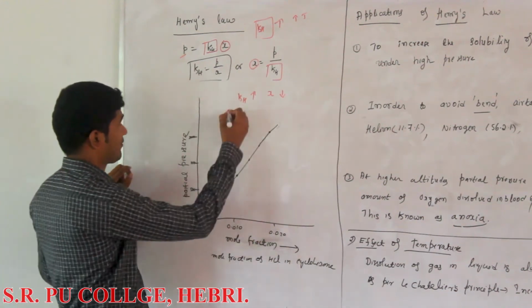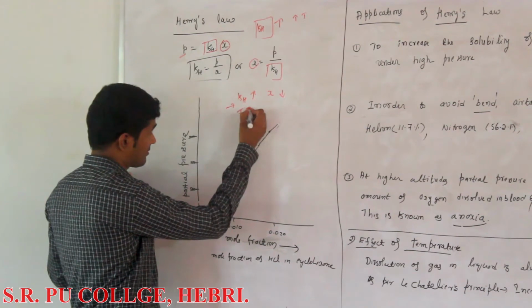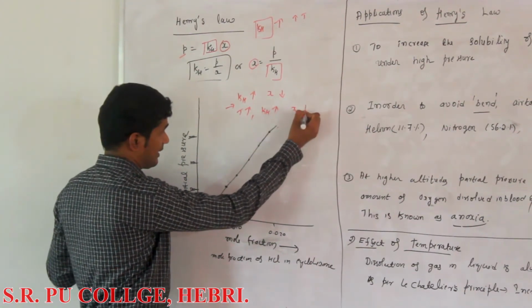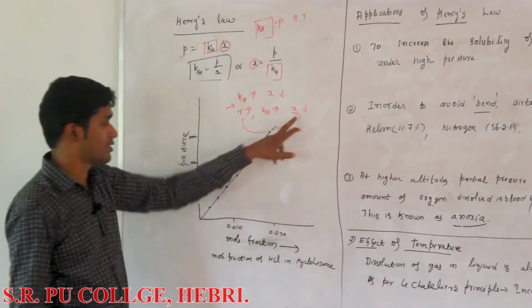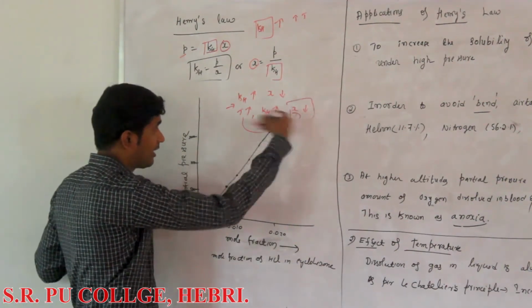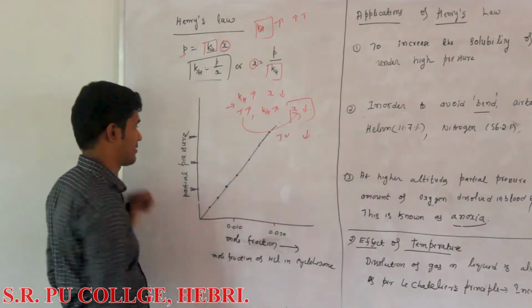You know, kH is a function of temperature. As temperature increases, kH increases, X decreases. Or you can say, as temperature increases, solubility of gas in the liquid decreases.